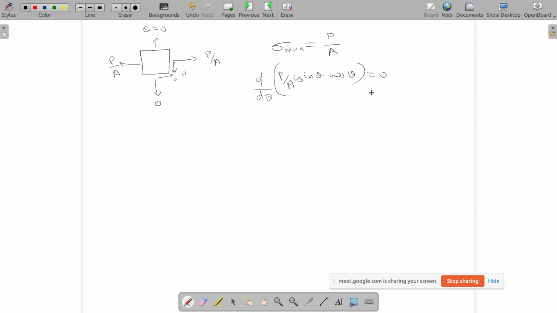Then you'll see that you'll get tan theta equal to plus or minus 1, and theta is obviously plus or minus 45 degrees.